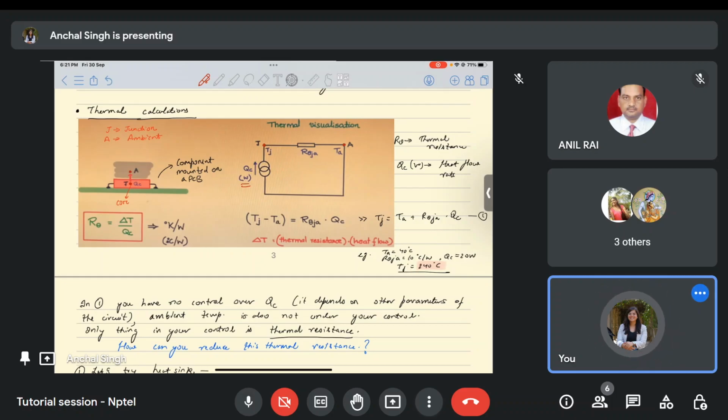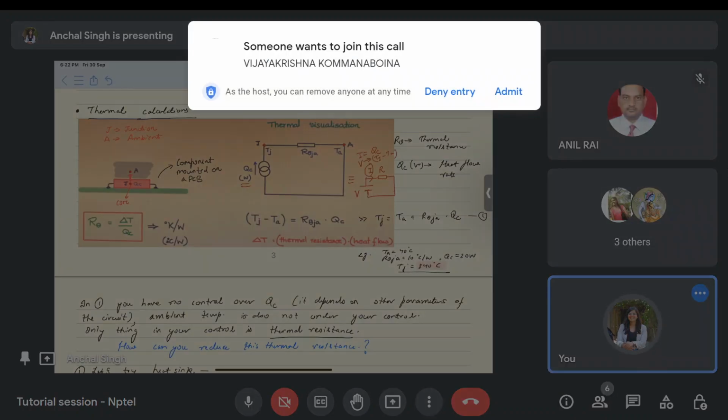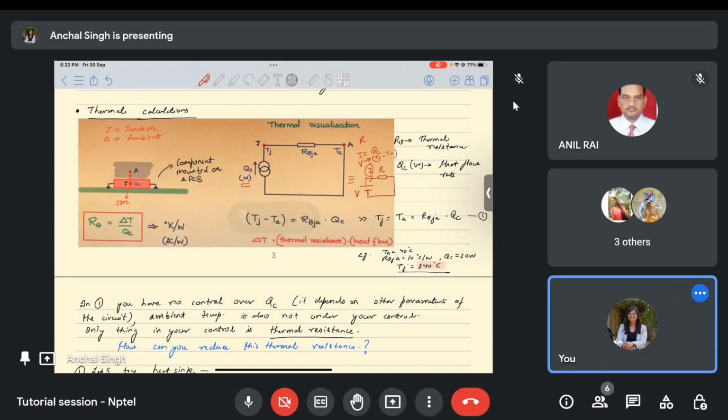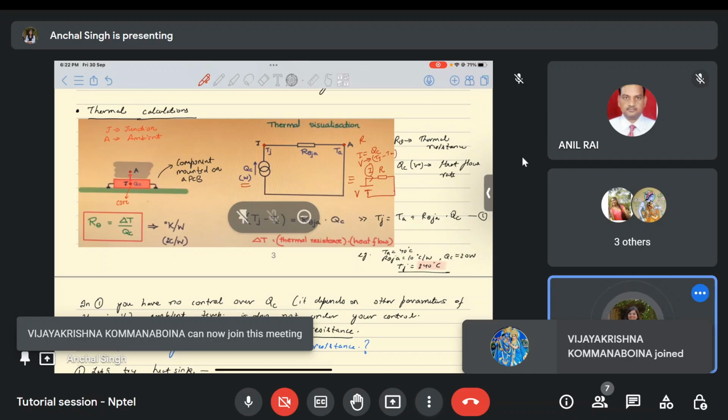The thermal resistance can be emulated in an electrical circuit as an electrical resistance, which we call R theta JA, because that is the thermal resistance between junction node J and ambient node A. Now, as you can see, an equivalent representation of this circuit is this, where this is a voltage source, current I is flowing, and this is a resistance, where I is equivalent to QC, voltage is equivalent to Tj minus Ta, that is the temperature difference across the junction, and R is equivalent to R theta JA.